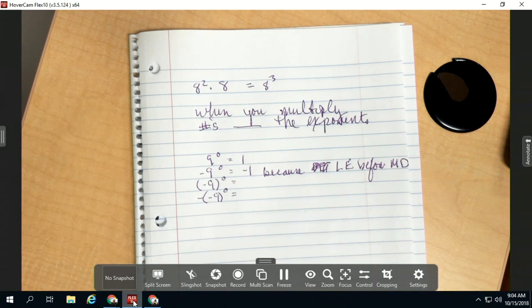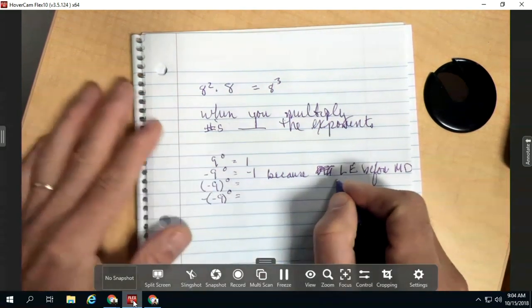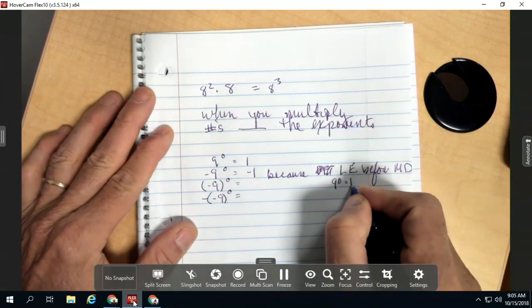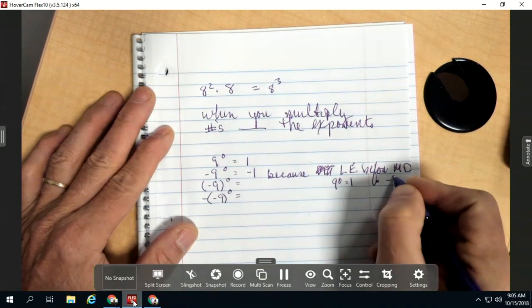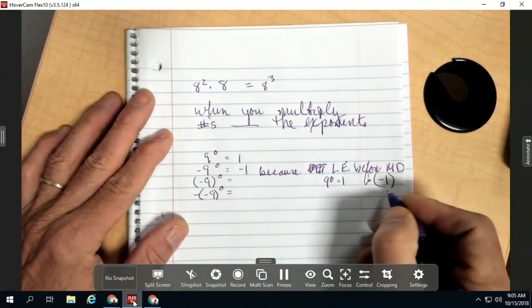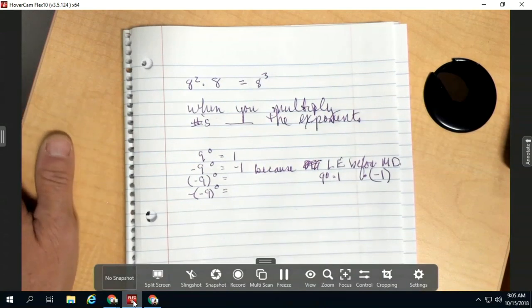You understand that? Does that make sense? So really what you're doing is you're saying 9 to the 0th equals 1 times -1 gives you -1.